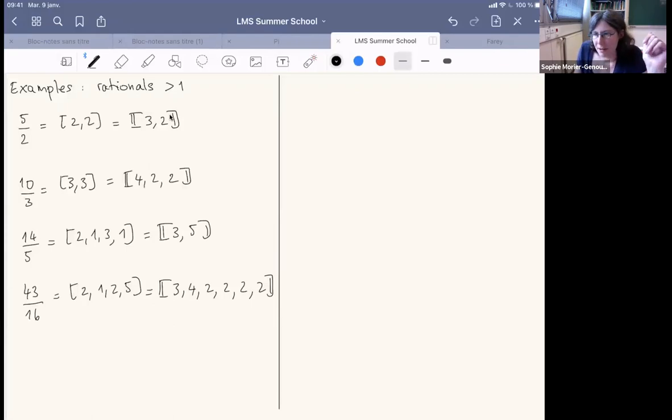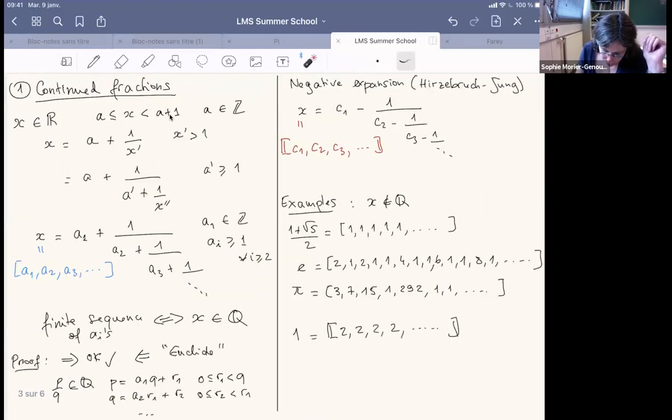So here for rational, the sequences are unique. The finite sequence representing a rational are unique with this condition.